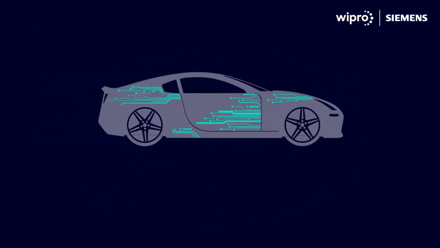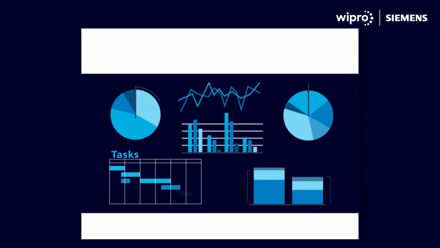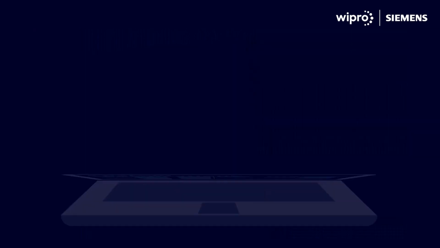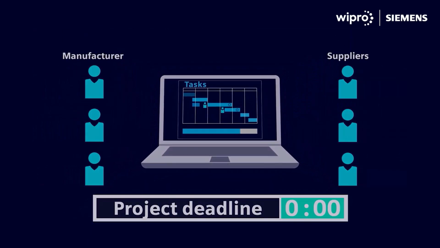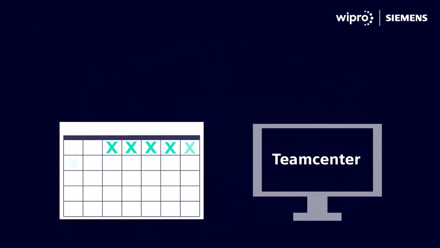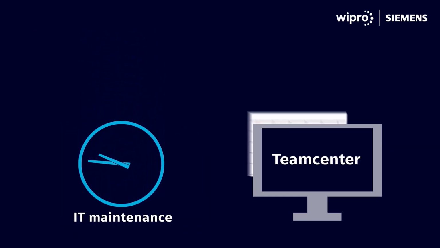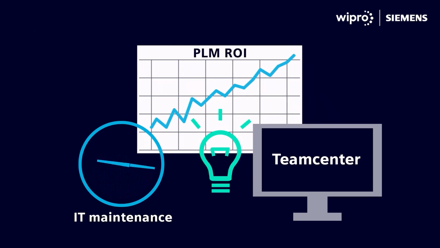When smart technologies drive more complex designs, when pricing pressures require more accurate estimates, when a substance in your product is no longer legal, or when you're responding to the next business challenge, whatever it may be, your business processes need to be flexible and agile to deal with any disruption. Teamcenter can adapt with technology that's easy to own and low cost to maintain, so IT can spend less time on maintenance and more time finding new ways to make the most of your PLM investment.